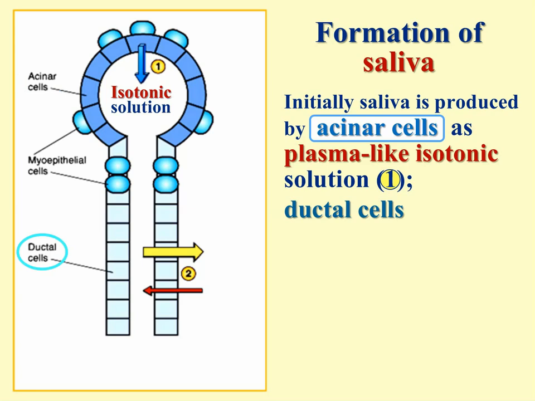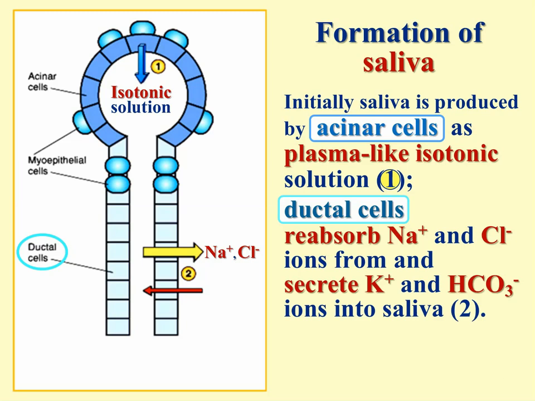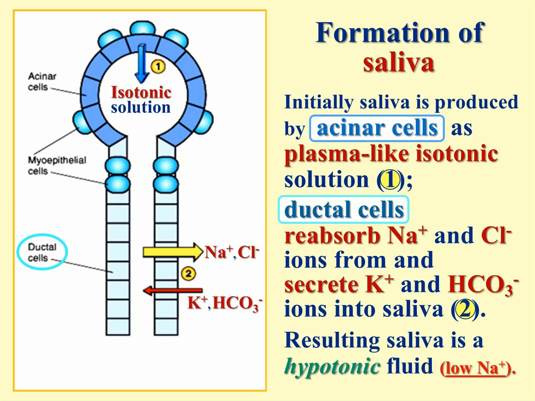Here, exactly in the salivary glands, the ductal cells produce the following actions. They reabsorb sodium and chlorine. Chlorine simply follows sodium, but of course sodium should be reabsorbed actively. These ions are reabsorbed from the lumen, and at the same time potassium and HCO3- ions are moved into the saliva, a second stage of reaction. As a result, saliva becomes a hypotonic fluid.